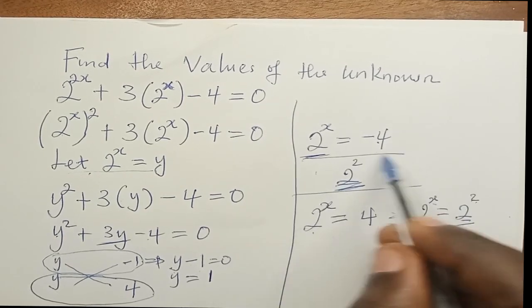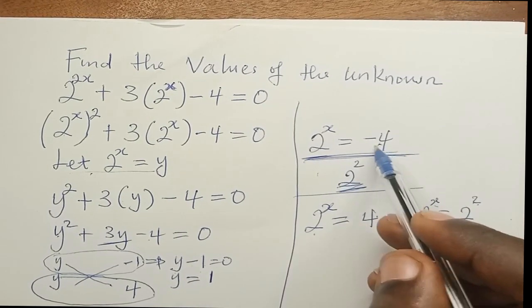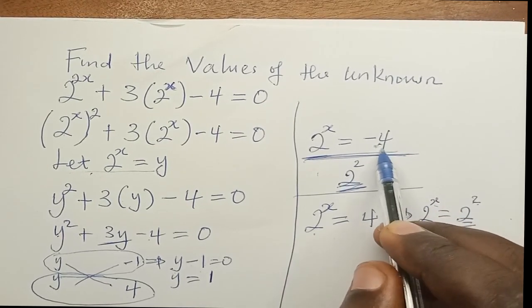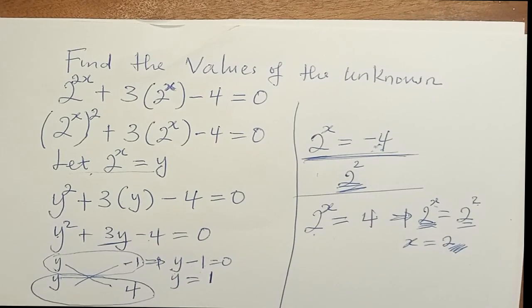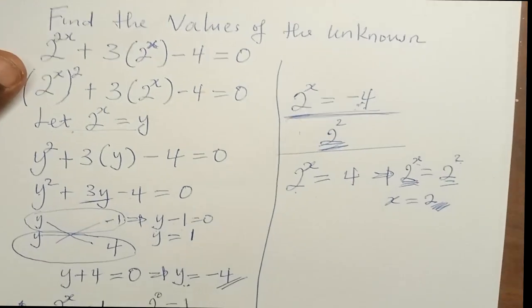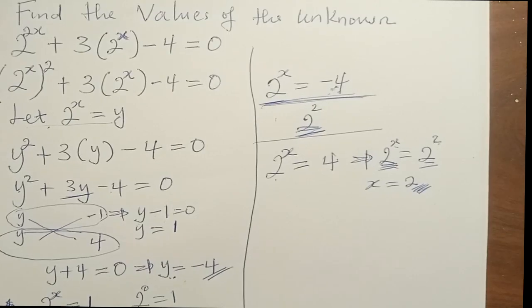But here, as our real answer, there is no value that, if we raise it to the power, is going to give us minus 4. So in this case, the only true value of x here is 0.